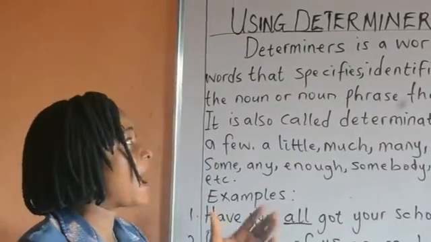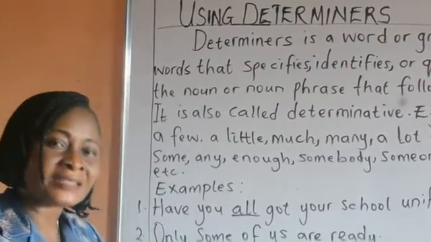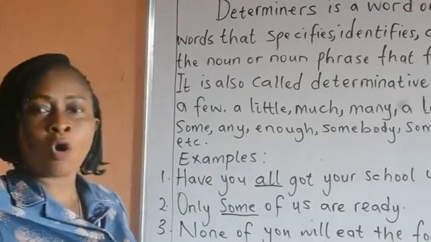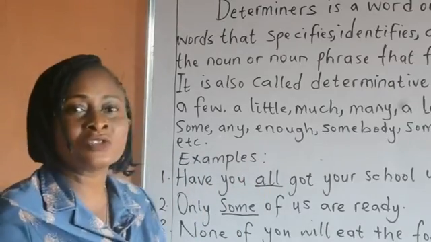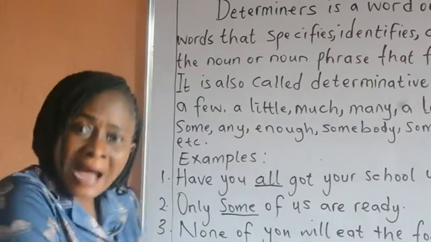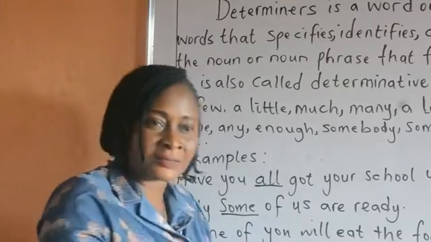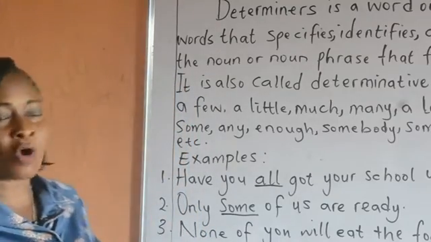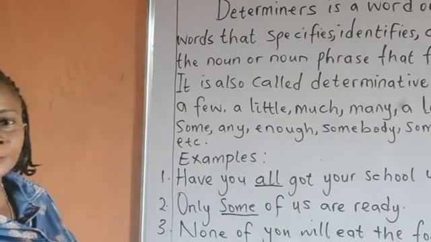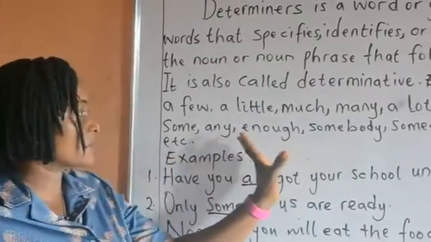I said determinants is a word or group of words that specifies, identifies, and quantifies the noun or noun phrase. What does it do? It identifies, it specifies, it quantifies the noun, or the noun phrase that follows it. Alright. It is also called determinative. Examples given. A few, a little. So all the various types, they are placed together here.